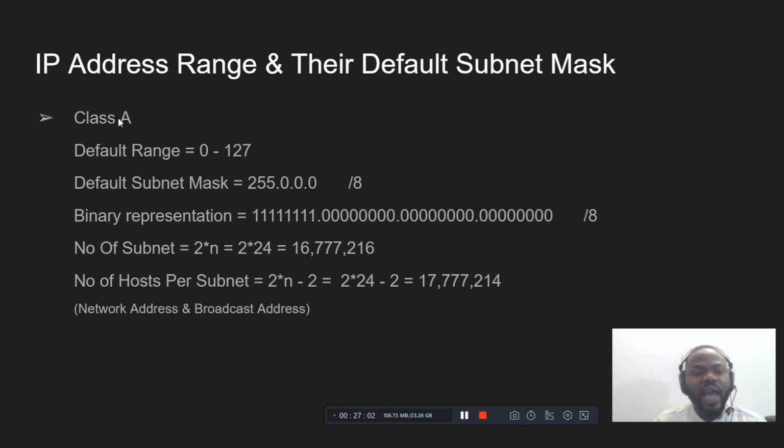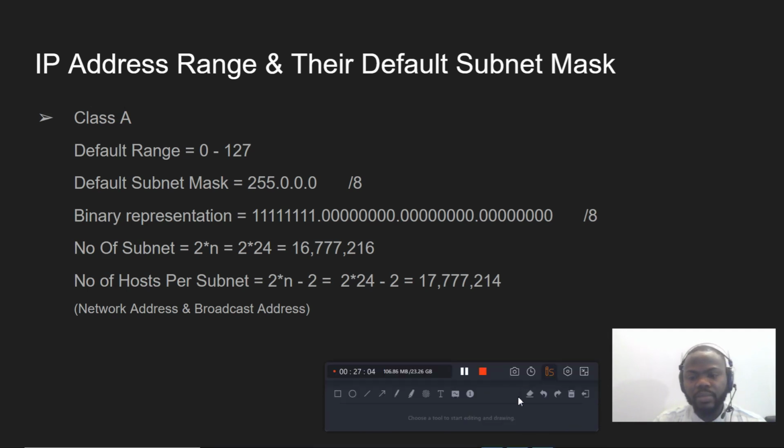So class A address, the default range for a class A address is 0 to 127. And the default subnet mask is 255.0.0.0.